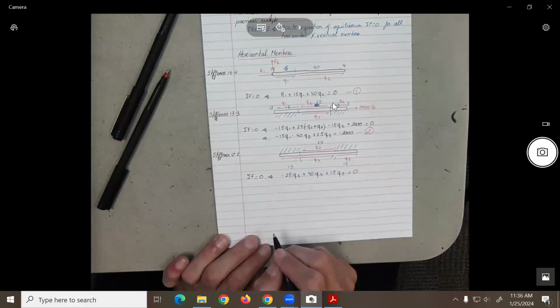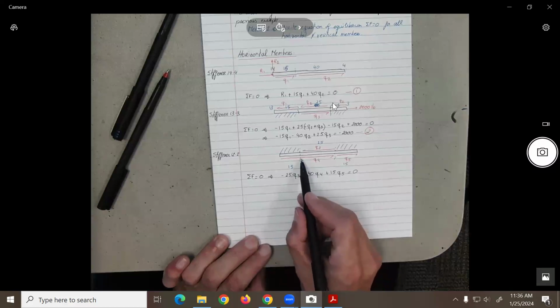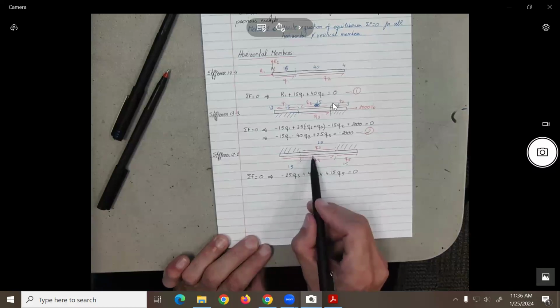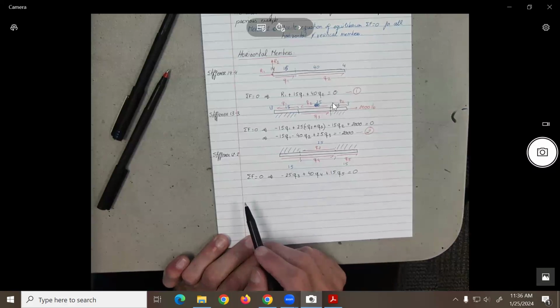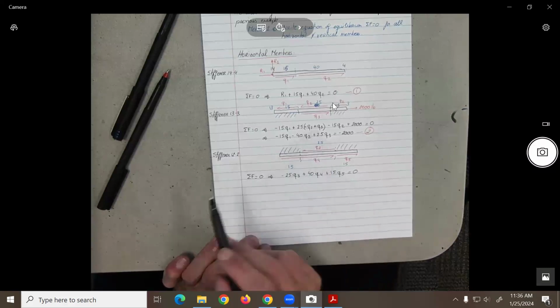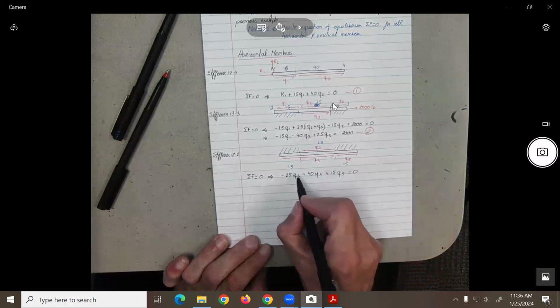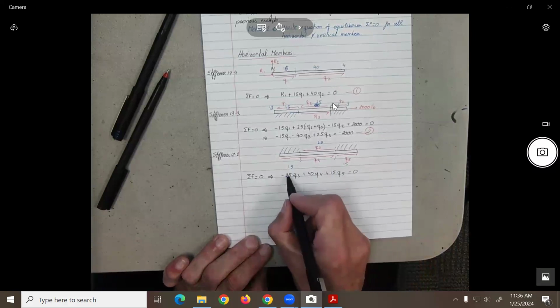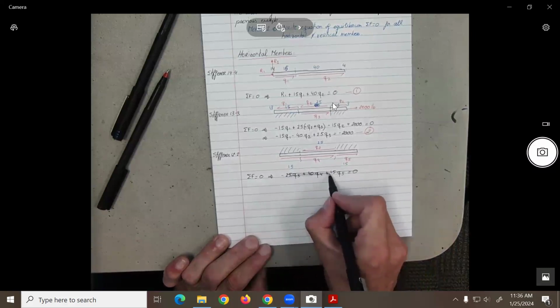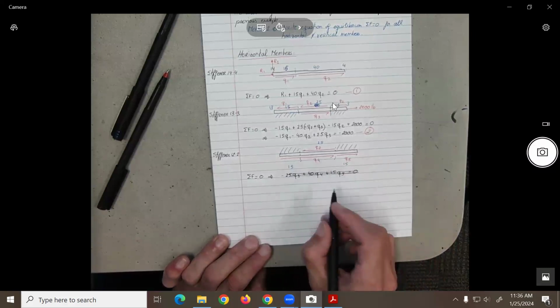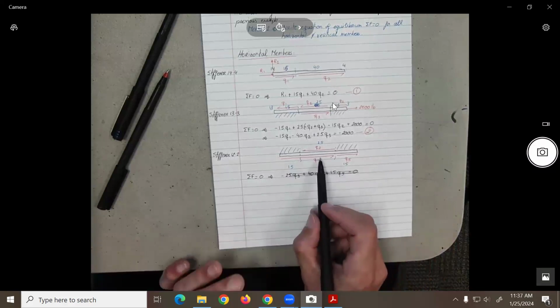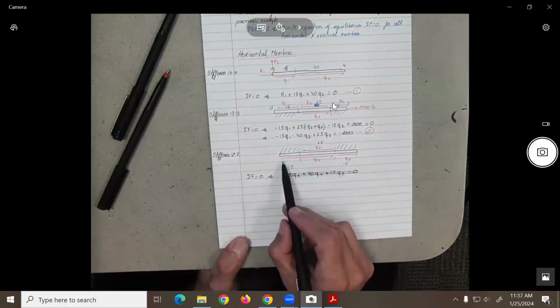Oh, I forgot something here. What did I forget here on this one? For this section? I should have done the same thing as over here, no? So what do I forget here? Maybe let me just rewrite it. Sorry for that, guys. It's fine. We just need to add one value. So let's just do this part over here.